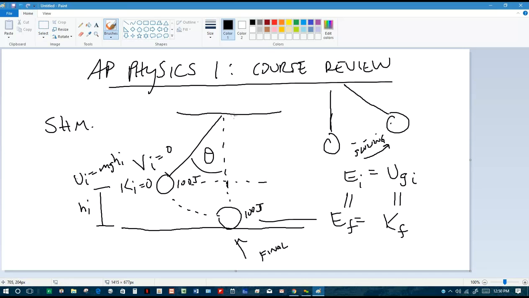It would come right over to here, be at the exact same height, and it would have 100 joules of potential energy. And again, no kinetic energy at this point.